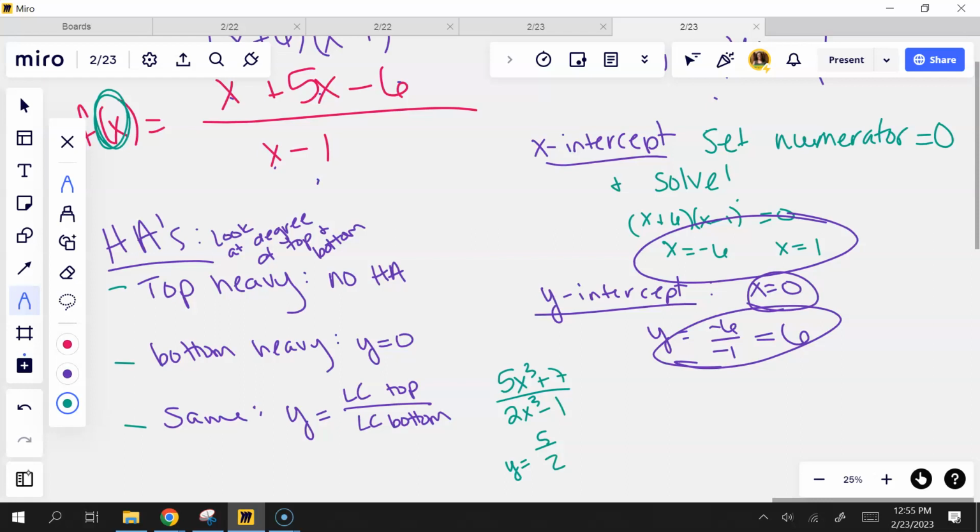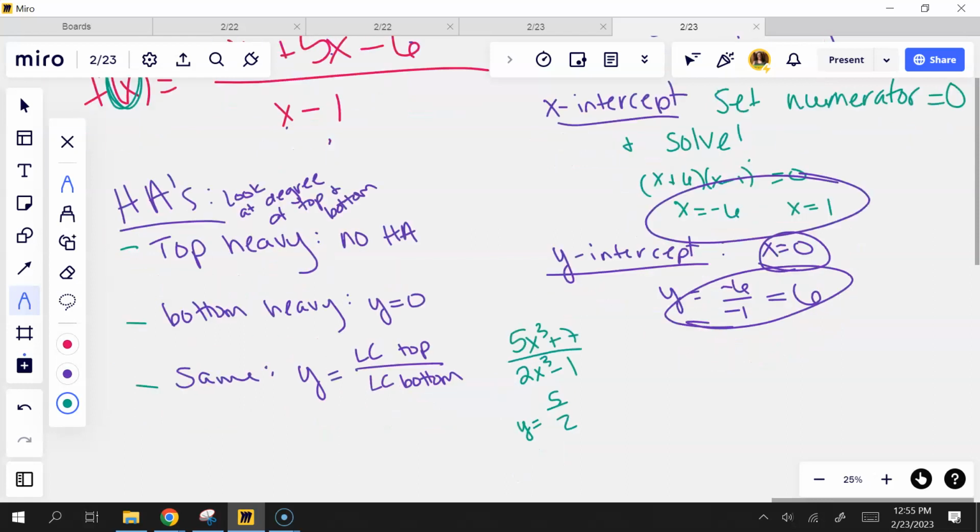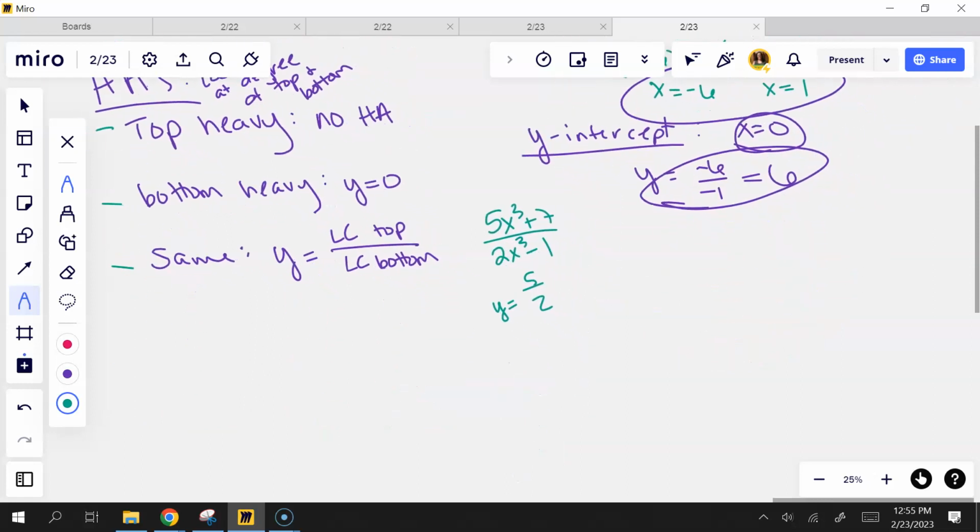Okay. Now we need to look at vertical asymptotes versus holes. H-O-L-E. I'm going to do holes first, and then I'll jump over to vertical asymptote. Here's when holes happen.